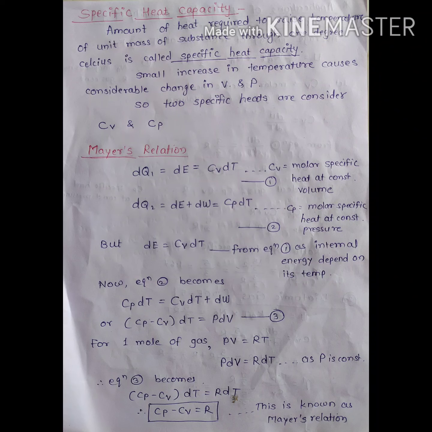Now, substituting this in equation 3, we get (Cp minus Cv) dT is equal to R dT. Cancelling dT on both sides, we get the final equation, that is Cp minus Cv is equal to R. This is known as Mayer's relation between the two specific heats, that is Cp and Cv.